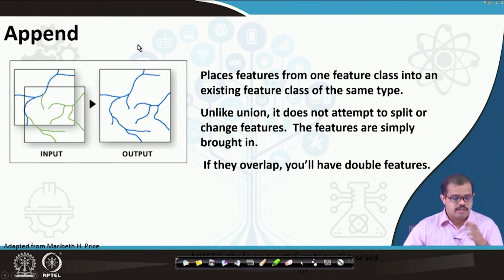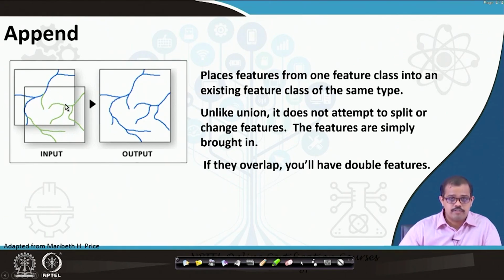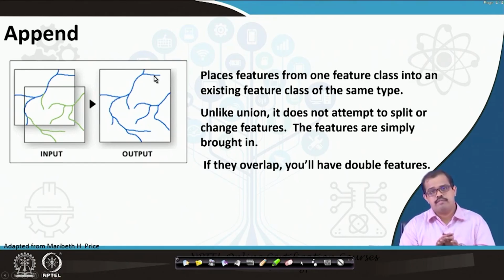If there is one vector dataset represented in blue, and another input like this, and you want to append both, combining the attribute data and the geometric data and placing it in the output like this, it does it by default using the append button.